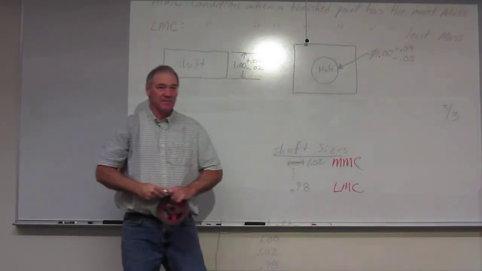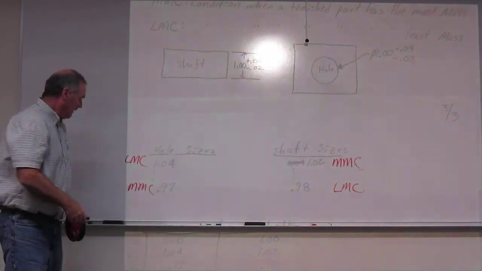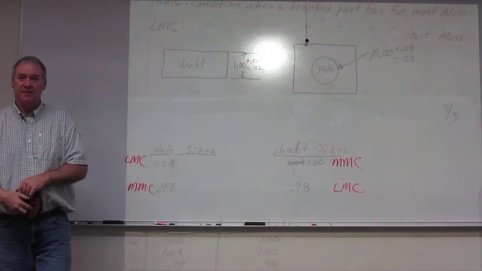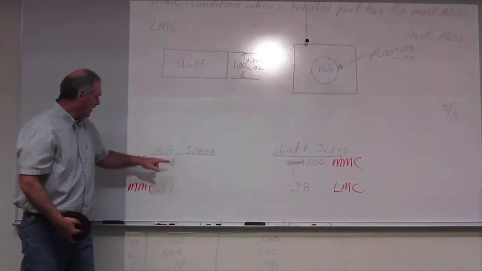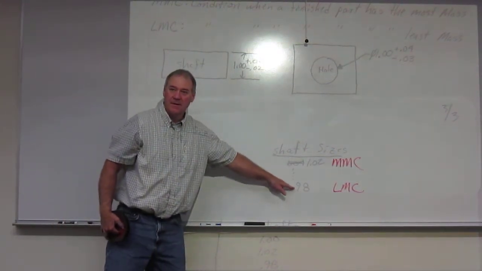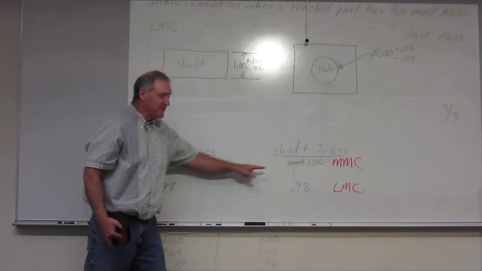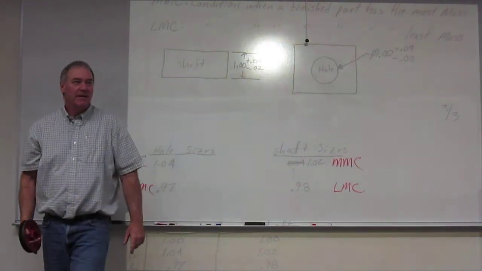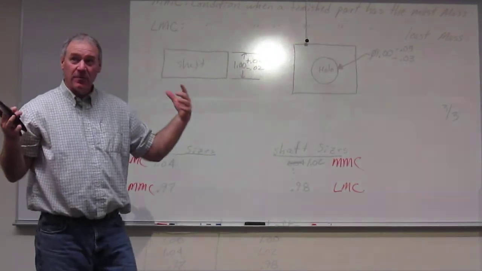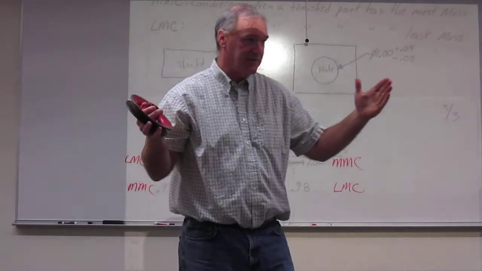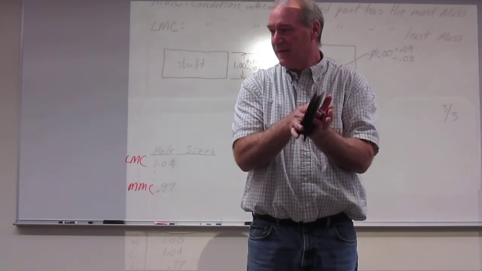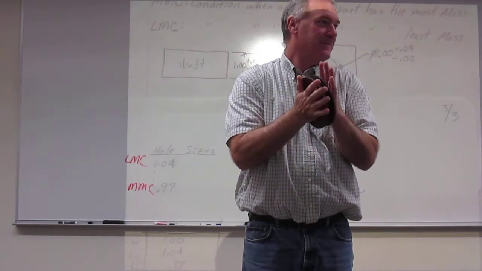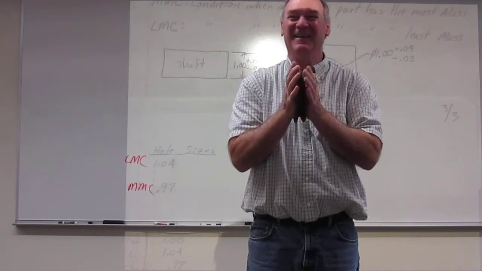Now, why are these terms important? If I'm engineering these parts, does it make sense that I look at them at LMC and then at MMC? Does it make sense that if those work at those two conditions, everything in between works? Can I make that assumption? In theory.